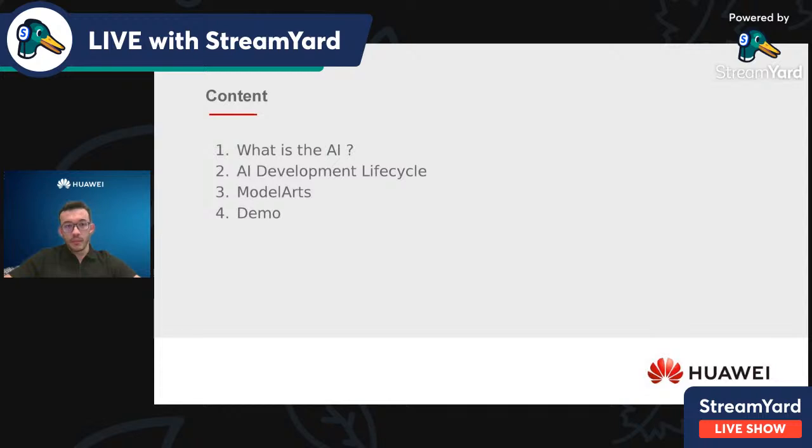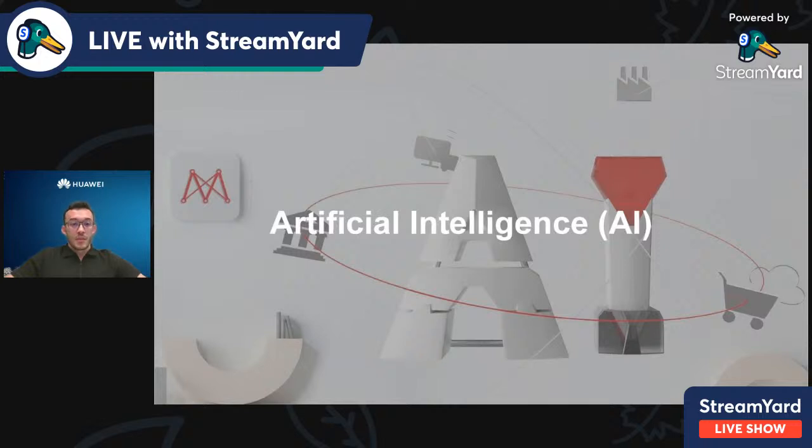I'm also planning to make a classification application. The car data set will be for object detection, but maybe we can make a classification also. So let's begin with what AI is, and let's try to understand the AI components.